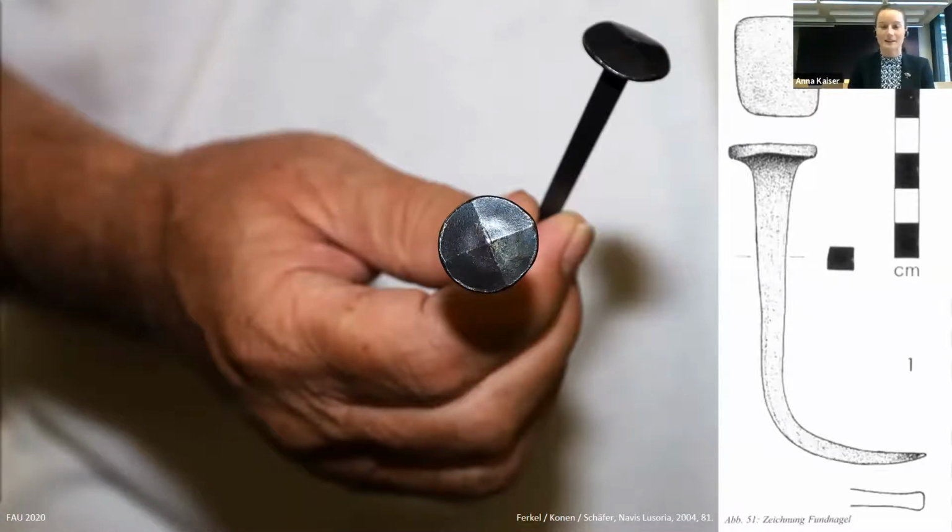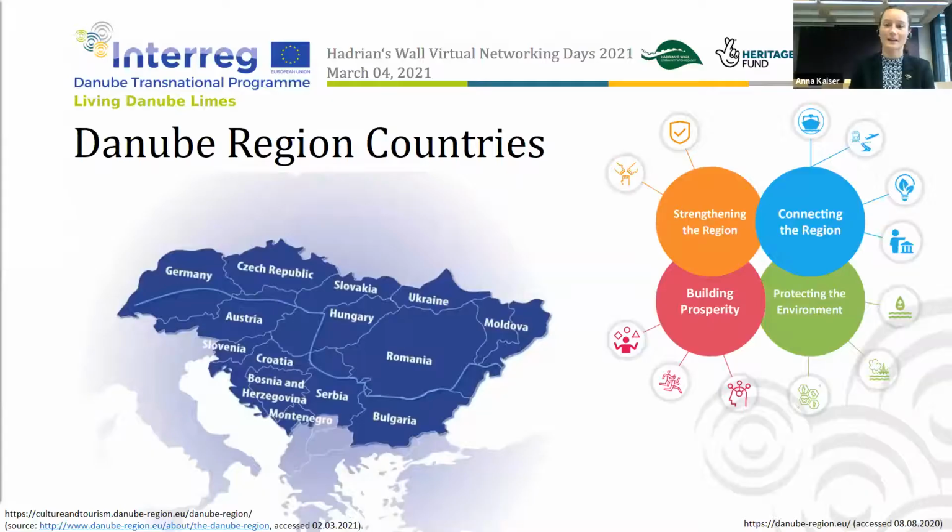So that's where we stand at the moment with the limes and the reconstruction of the boat. And that brings me to a few words on the Danube region countries, the modern countries, and the European strategy for that region. What you see on the map now are all the modern countries that are part of this Danube region, from Germany to the Black Sea, to Moldova and also Ukraine.